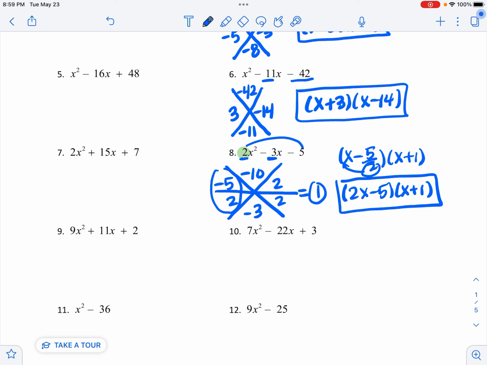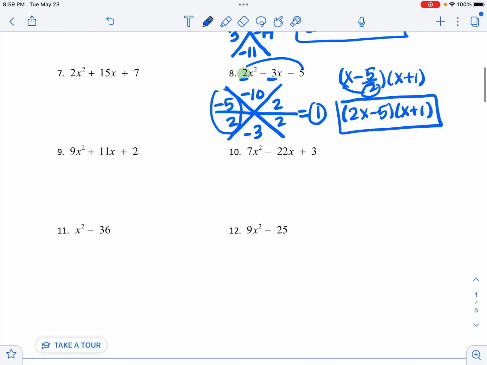Okay. All right, number 10, another big star. And again, how do you tell it's a big star? It's when you have a number in front of that x squared, okay? So when I multiply, 7 times 3 is 21, and I want to add to make that middle number negative 22. So look, I know 21 times 1 is 21, and I know 21 plus 1 will give me 22.